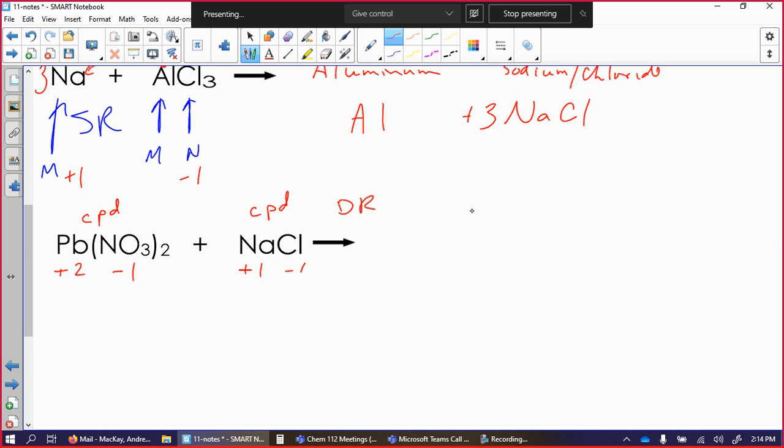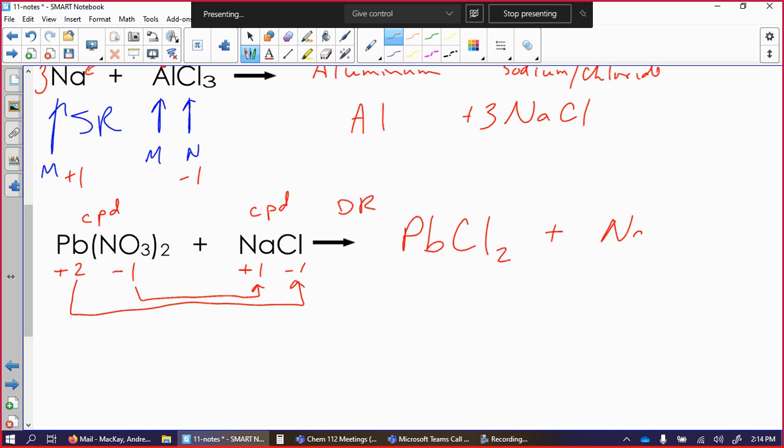So when we need to write the two new compounds, I'm going to start with lead because it's right here. It's +2. It needs to join with the negative ion from the other side. So Pb with a -1 means Cl2. The nitrate here joins with the positive there because the charges are opposite.